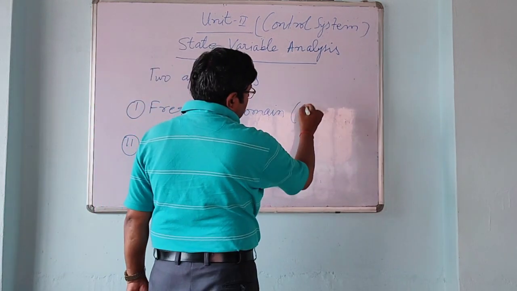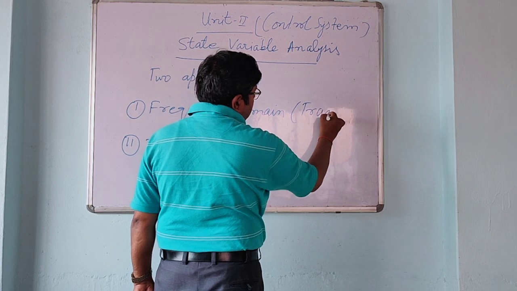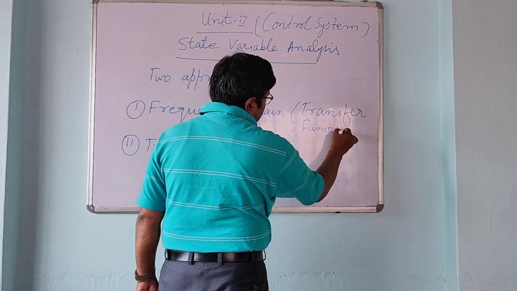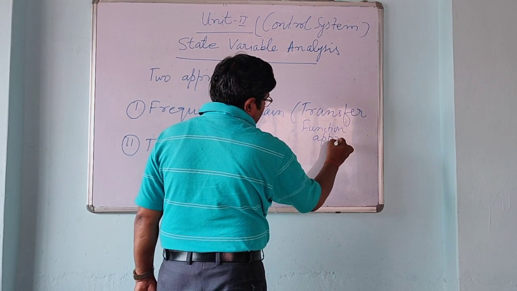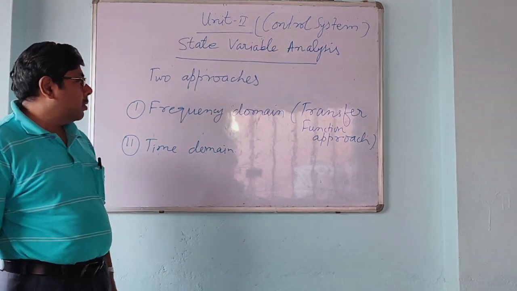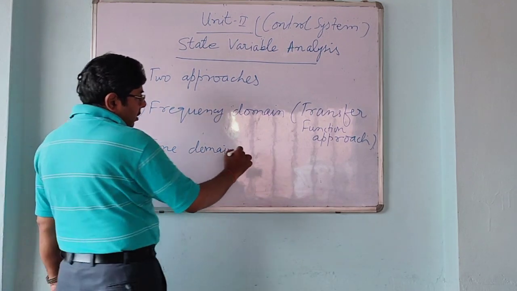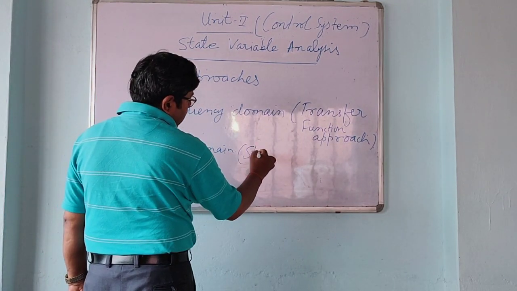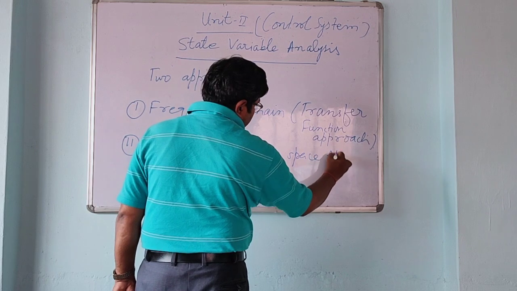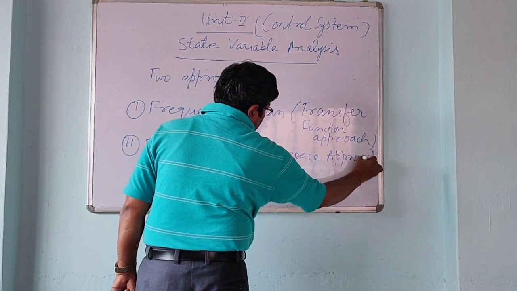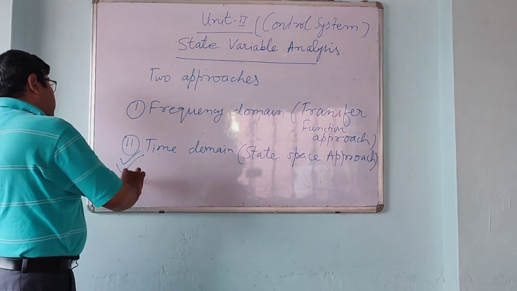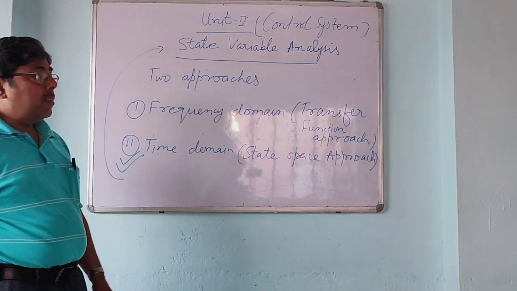This is the transfer function approach for analysis and design of control systems. And second one, this is the state space approach. So this second one is the content of this state variable analysis.